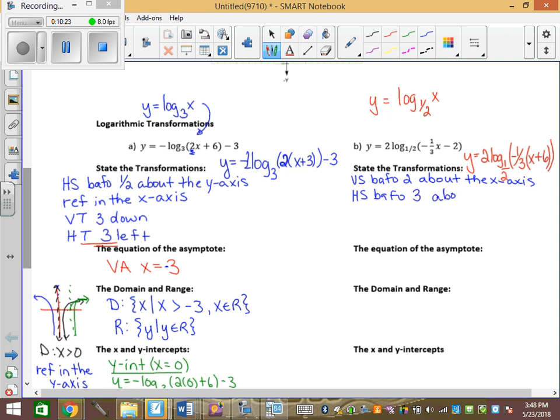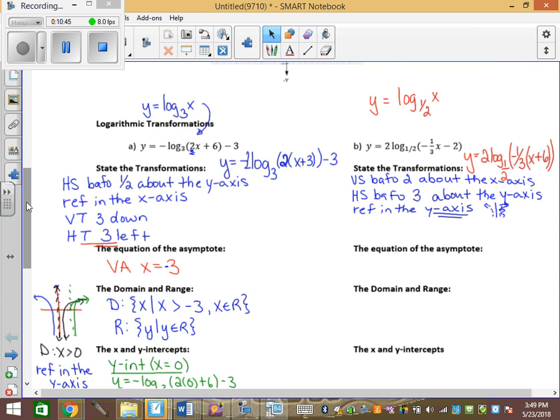The negative causes the reflection about the y-axis. I have a reflection in the y-axis. What does a reflection in the y-axis do? It changes your domain. Remember that? Instead of the graph going this way, it's now going to go to the left. So your domain is going to be less than.